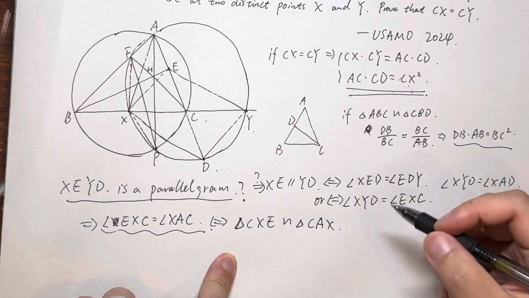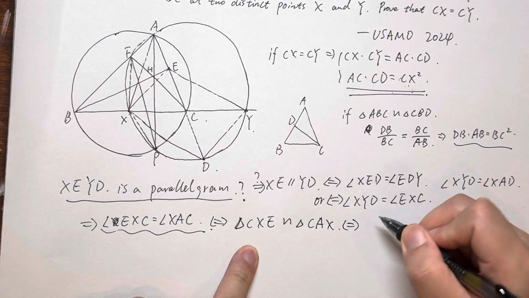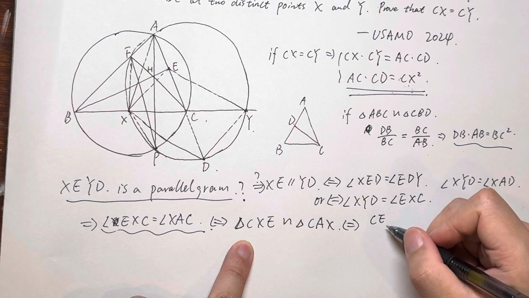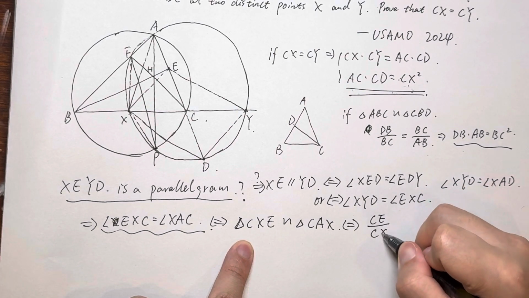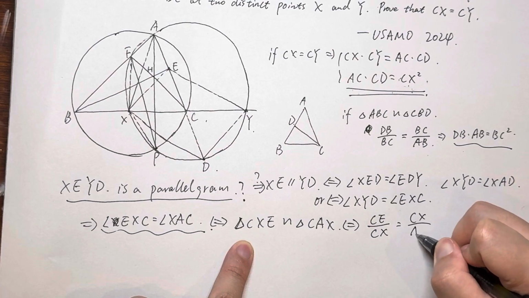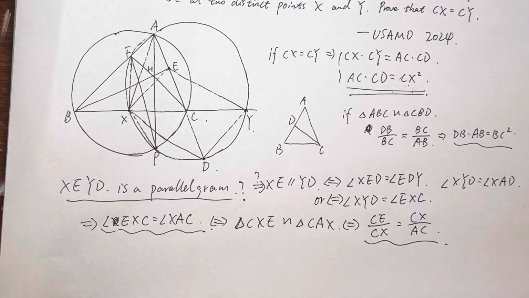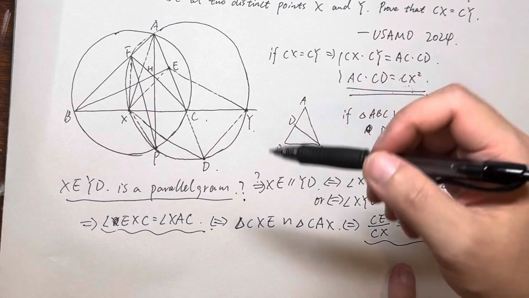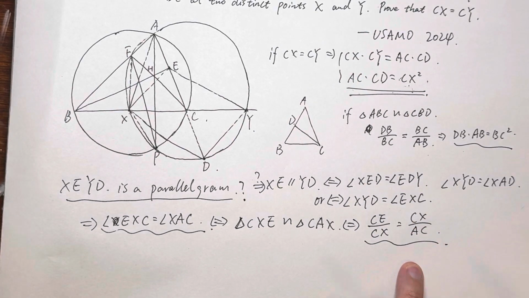We just need to prove this one, which means we just need to prove that CE to CX equals CX to AC. You may ask, we already talked about this, right? Why are we just circling here?